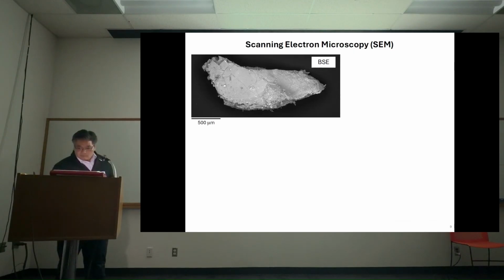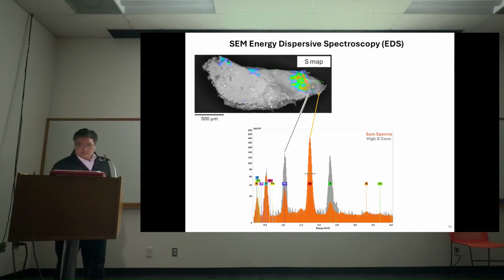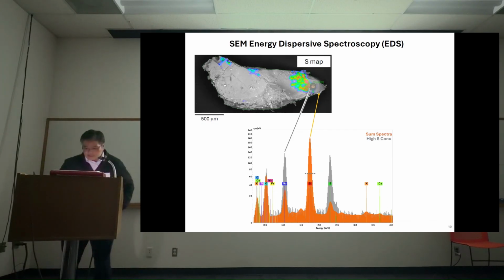When we map, we get the EDS data, so the characteristic signal for sulfur. We have a hot spot here, and that gray spot is where the spectrum was extracted, and we find that there's sodium sulfate. In comparison, the rest of the composition is a glass composition, containing sodium, silicon, and some other elements.